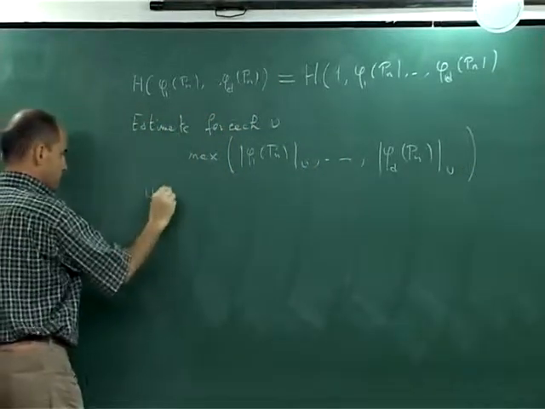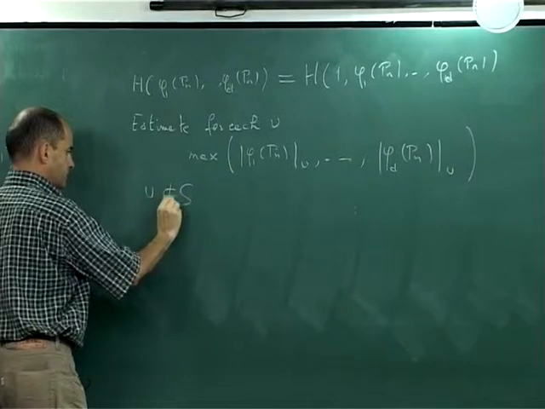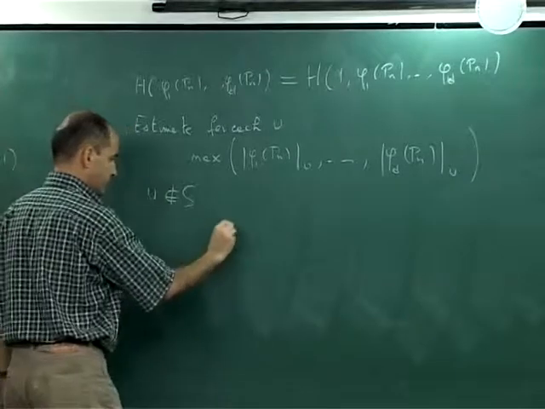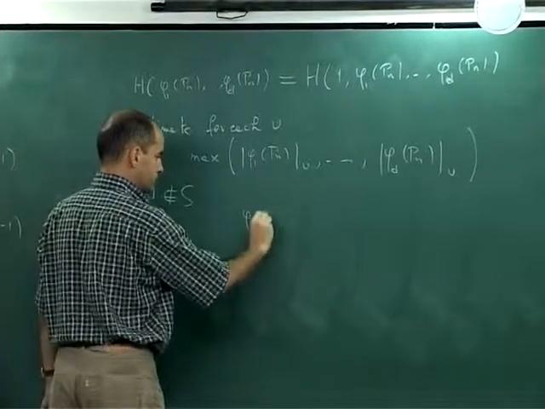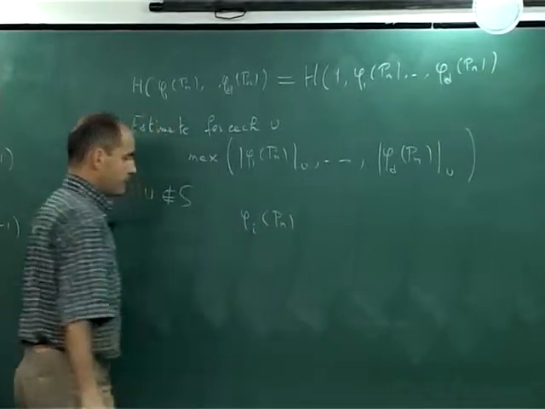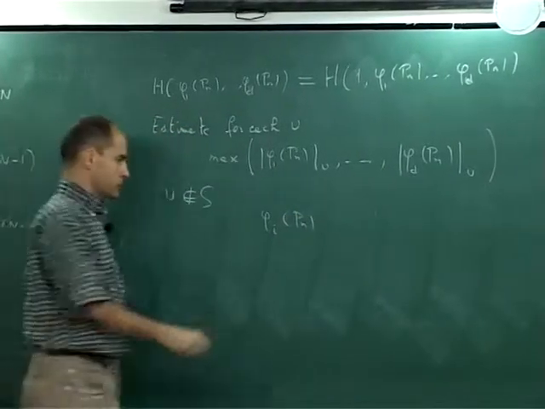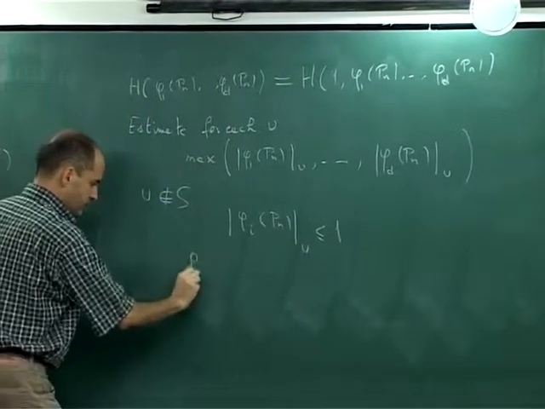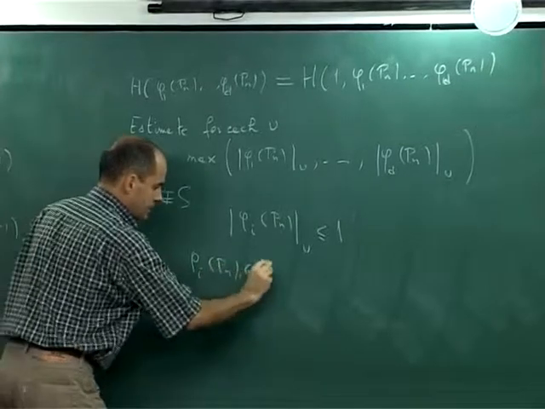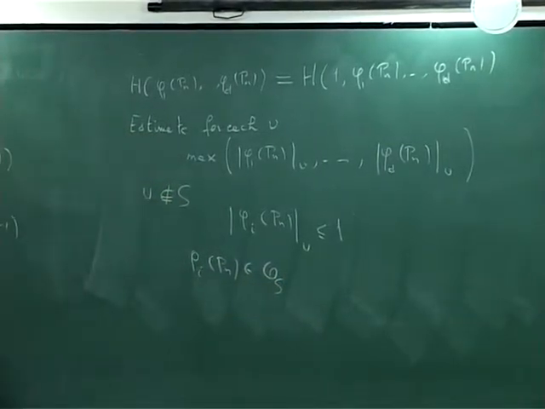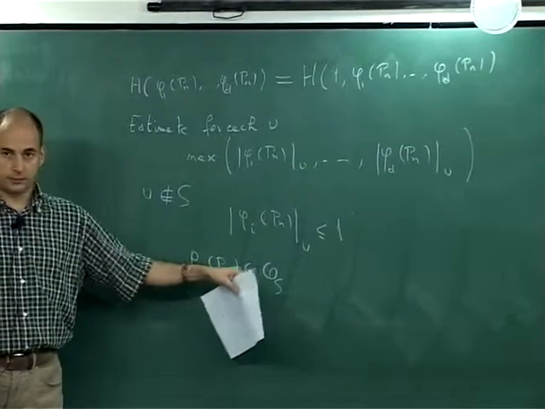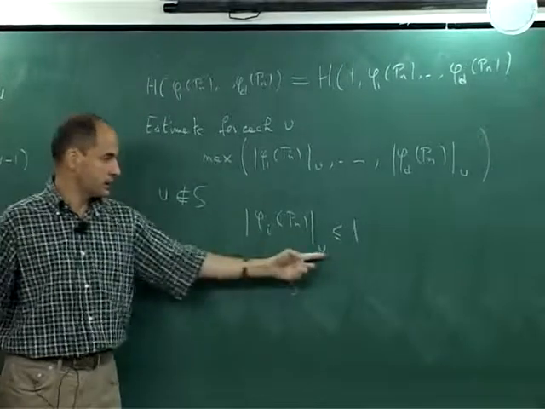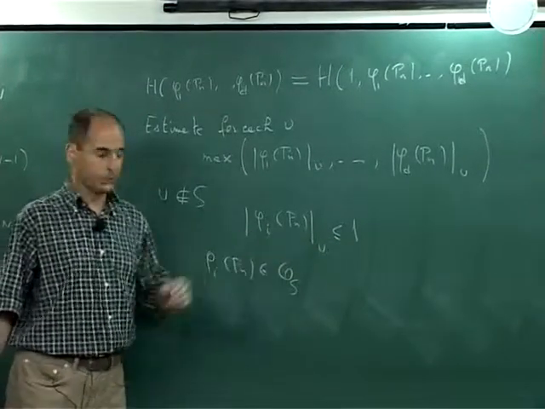So for nu not in S, each of these functions takes a nu-integral value, so this is at most 1, because phi I of Pn is an S integer, as we said starting already at the beginning. So S integers means precisely that outside S its absolute value is at most 1.